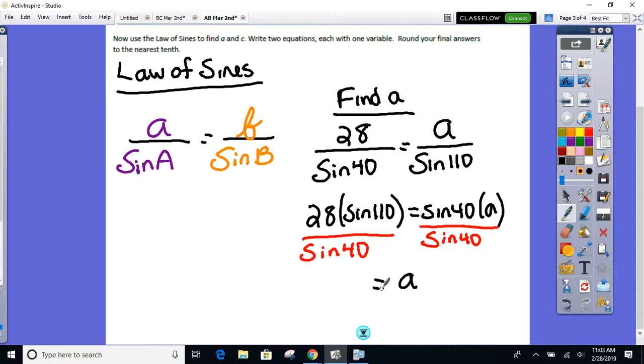Now do a fraction template and do 28 times the sine of 110 over sine of 40. Or you can do it individually, I don't care, but I would just do it in a fraction template right now. Go ahead, try it out. Don't stare at it. Try it out into a fraction template. So 28 times the sine of 110 over the sine of 40.